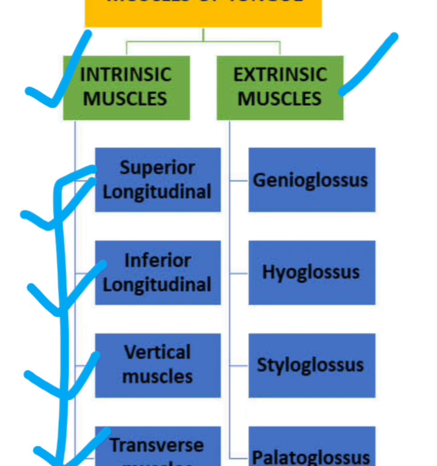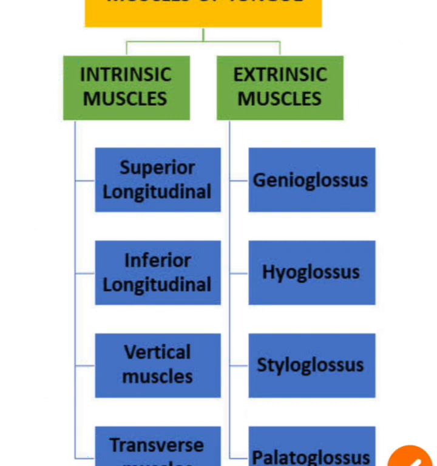The shape of the tongue is altered by the intrinsic muscles. They are inside the tongue. Now we will understand all these 4 muscles with the help of the diagram.